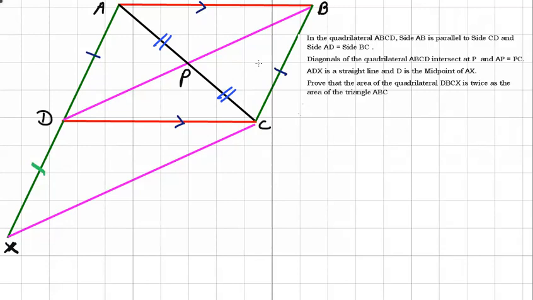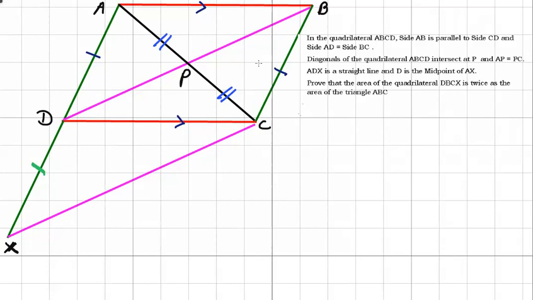Or is there a second way to prove? What is it? If both pairs of opposite sides are parallel, then that quadrilateral becomes a parallelogram. Or a third condition: if both pairs of opposite sides are equal, then too that quadrilateral becomes a parallelogram.